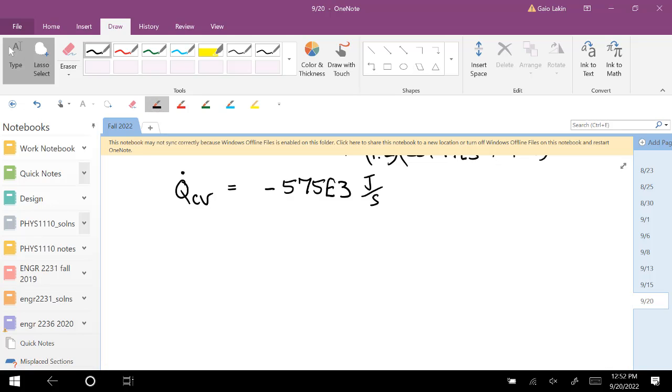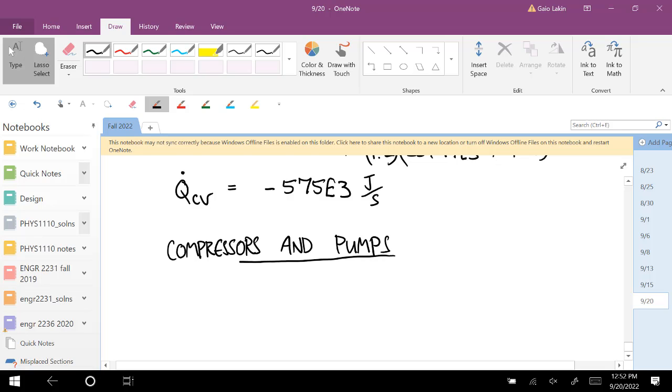All right, so that's the end of turbines. So the last category is compressors and pumps. Compressors are for gas, and pumps are for liquid.